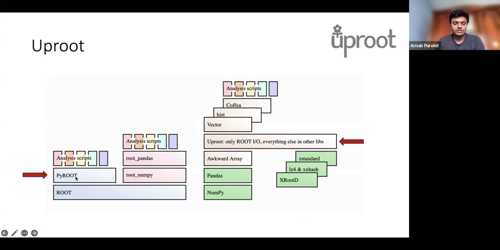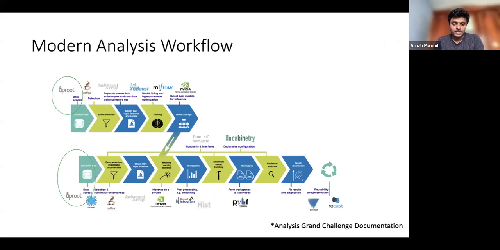Whereas PyROOT is obviously not an independent package, but it is inside root. It comes with root, right? So part of root. But whereas uproot depends on awkward array, which depends on pandas, NumPy, and etc., or it can directly use C++ in the backend, right? As NumPy or pandas do.